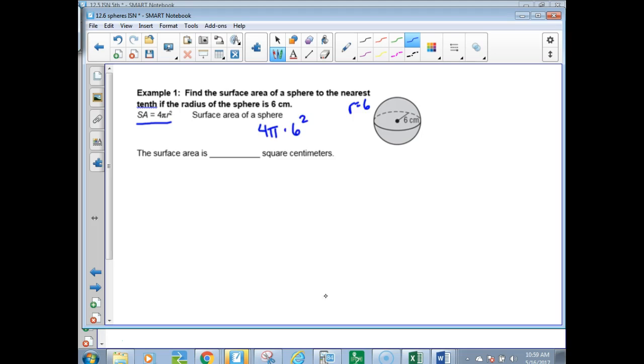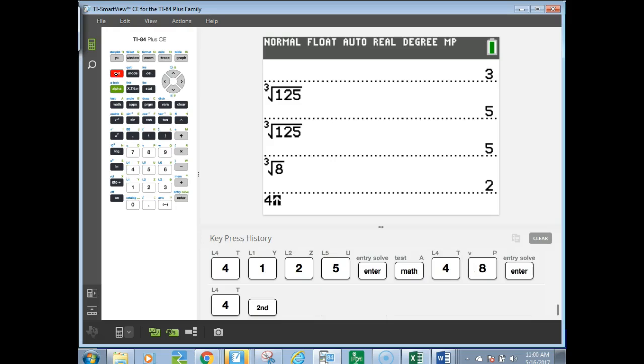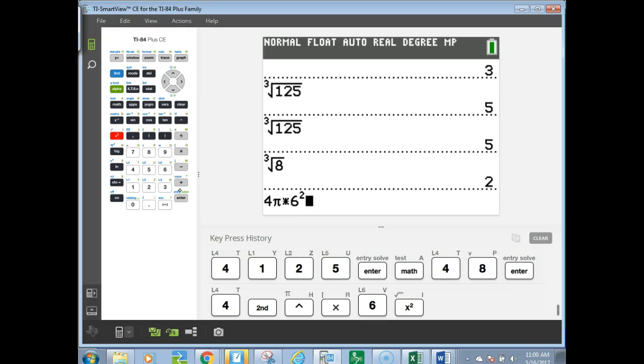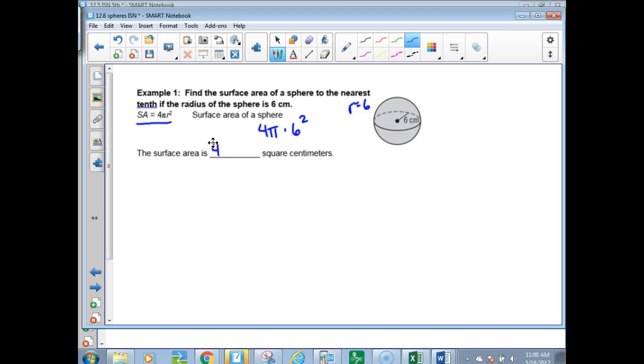So 4 pi times 6 squared would give you the surface area of this sphere, 452.4. I did not find any questions on the final that we ended up using that formula. On your formula sheet, though, if I should have missed one possibly, that's all you do. Plug in the radius.